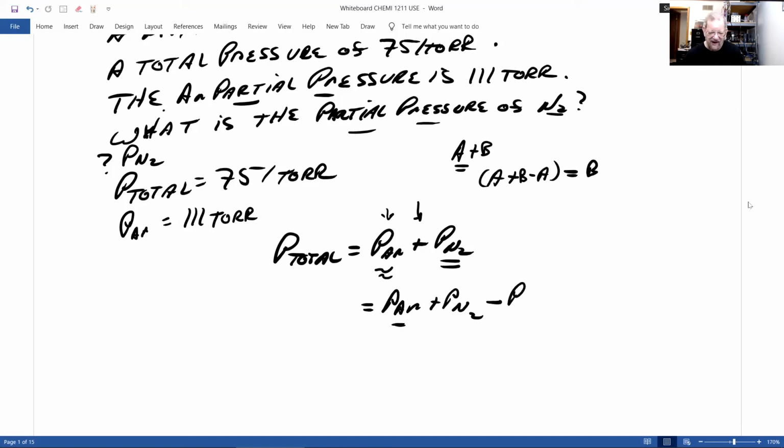I will subtract the partial pressure of argon. But whatever you do to one side, you have to do to the other. Anything minus itself is zero and is canceled out.